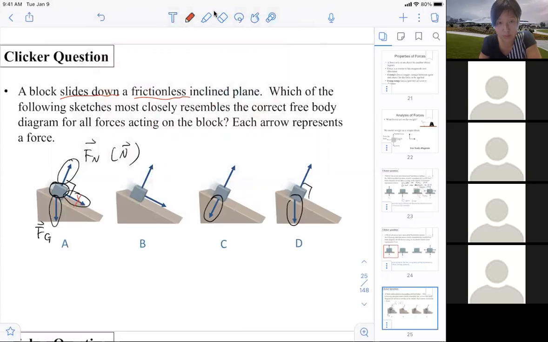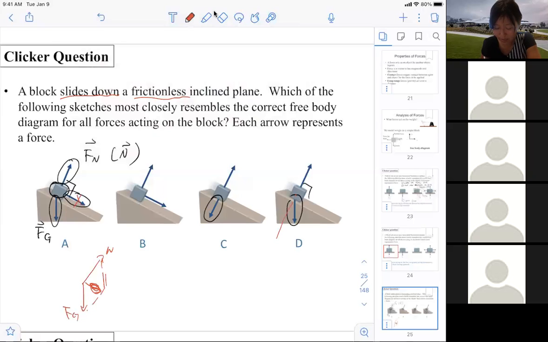Later on, we will talk about viewing this third force. You can view it as the normal force and gravity combined, because if you use the head to tail method, you can see gravity and normal force will add up to this total force along the ramp, right? So this is just a total force. You don't have to draw it separately. Or sometimes we draw this as a component of gravity.